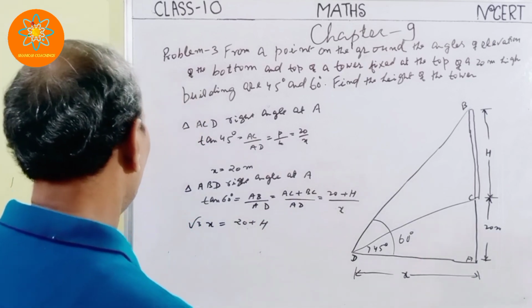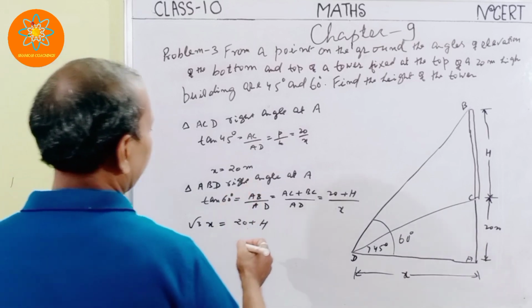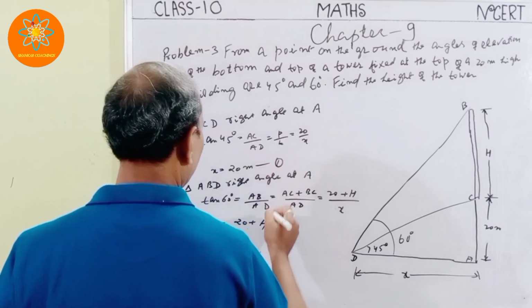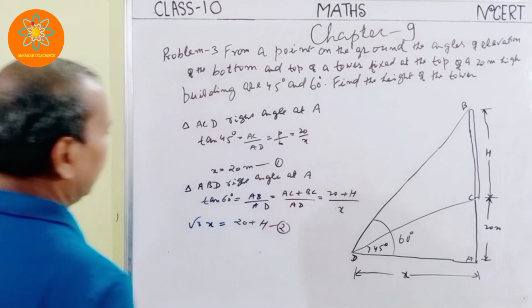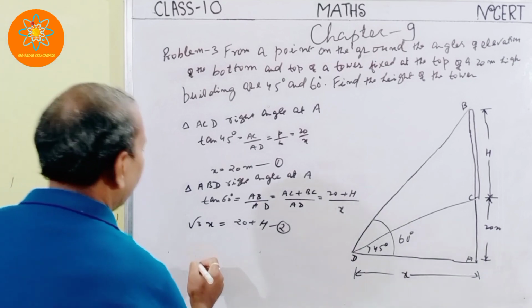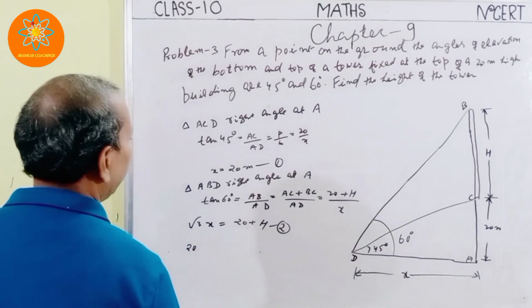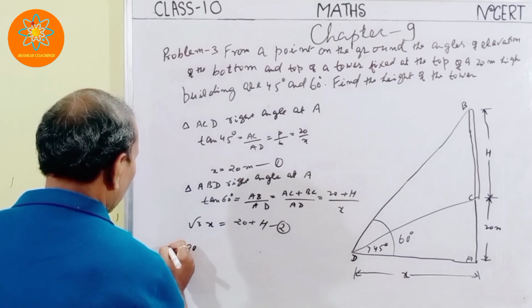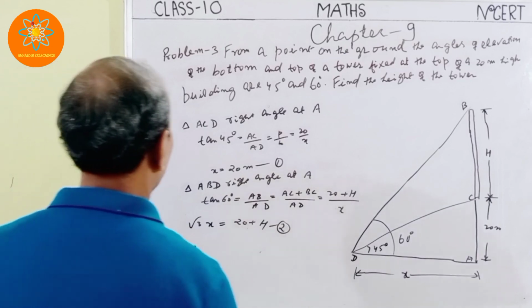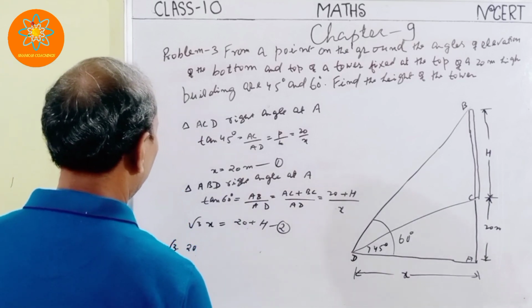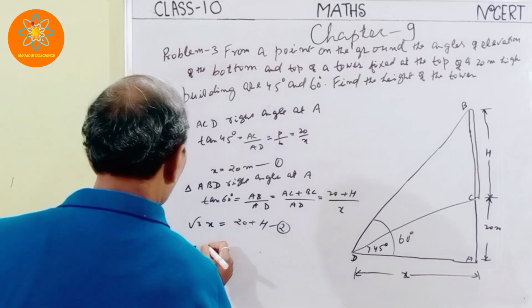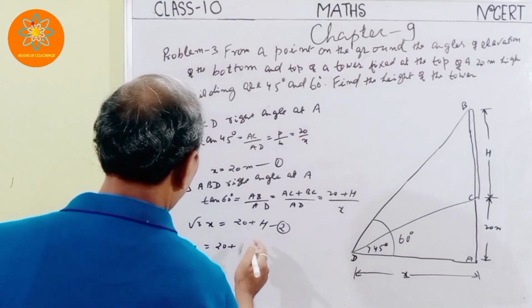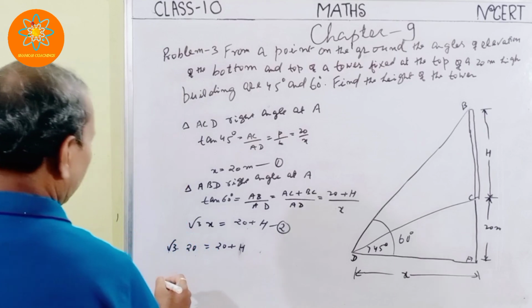This is your relation 1, and this is 2. So it is root 3 into 20, and this is equal to 20 plus h.